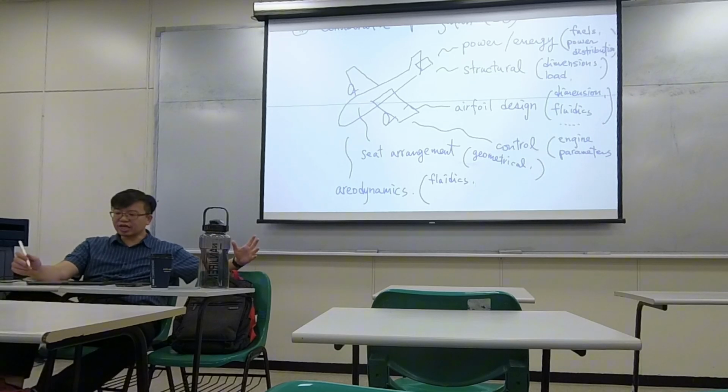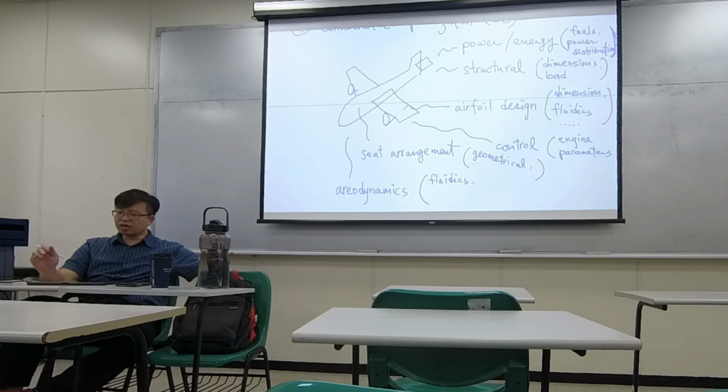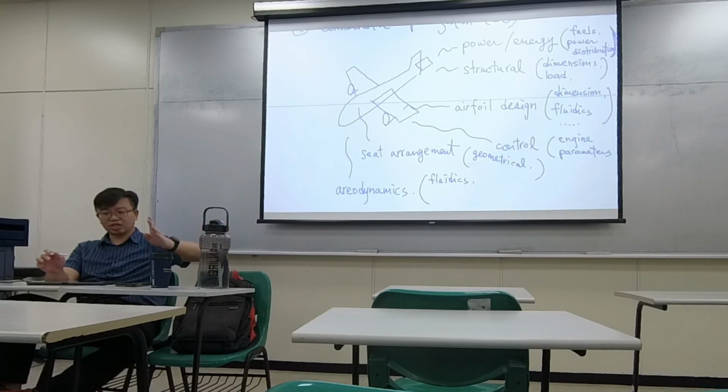And from this example, you can already see there are some variables that may be related to multiple, if we call these disciplines. There are variables there which are involved in different disciplines.